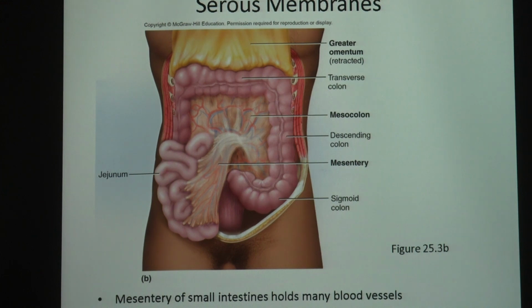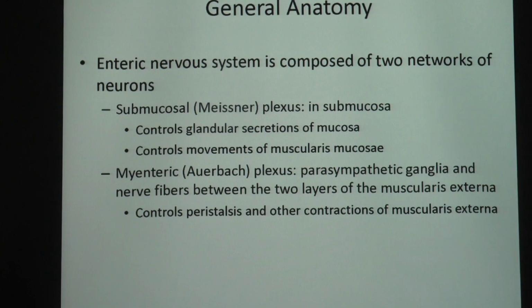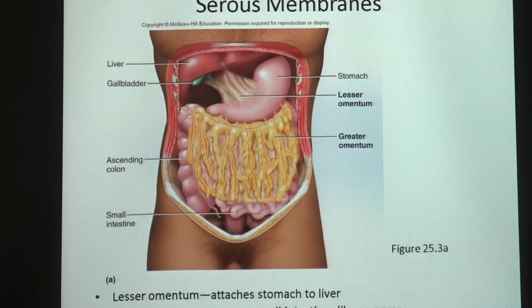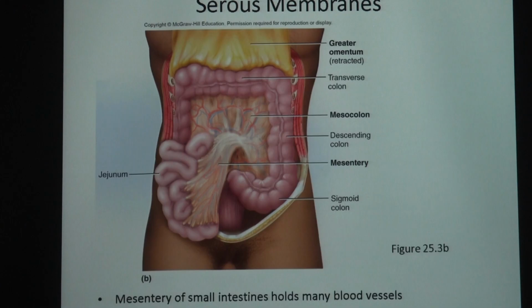The mesenteries. And so we had just looked at this right here. This stuff right here is called the mesentery. And the mesentery is the connective tissue that keeps all of the small intestine together, as well as the large. Look at the large blood supply that's there.